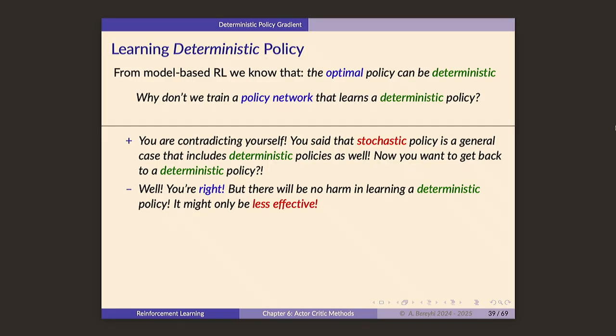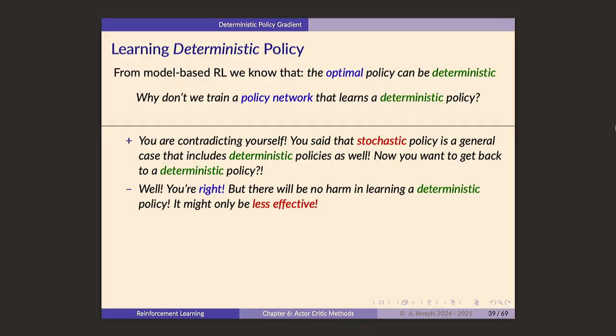Whereas if you have a deterministic policy, it's not going to sample anything. It just goes deterministically towards the point. Which direction do I want to go when I am here? It's going to be a specific direction, so there's no randomness anymore. So it could help a bit in that sense.